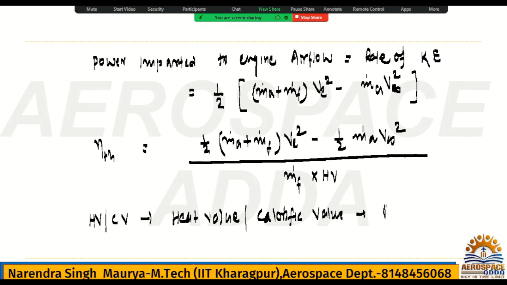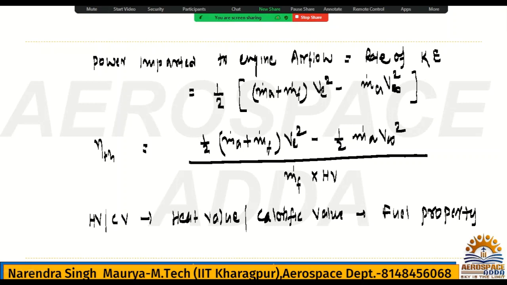It's a fuel property, so nothing to worry. For the fuel, that value will be given to you, so no need to remember the heat value. They will give you 42 megajoule, 44 megajoule, 43 megajoule, whatever the value, so you use that value. Nothing to worry here.